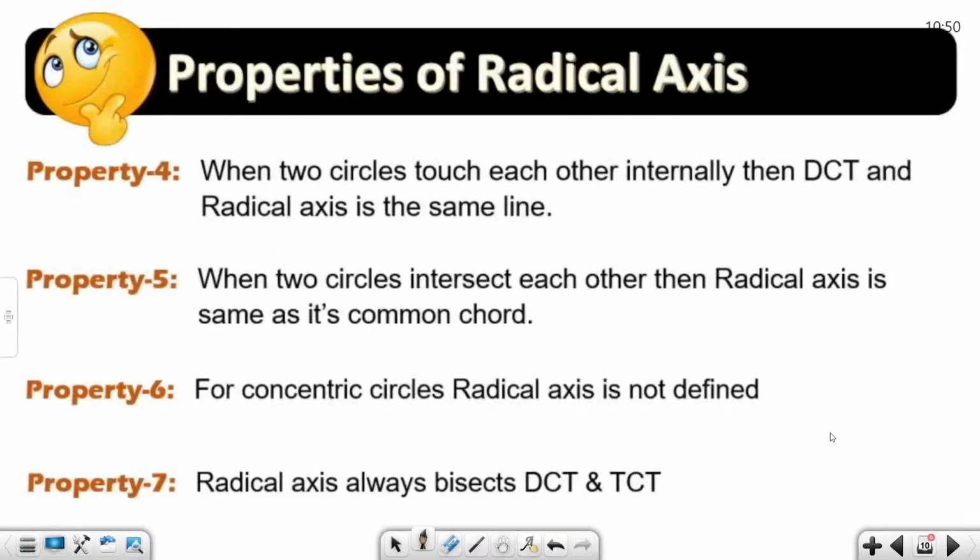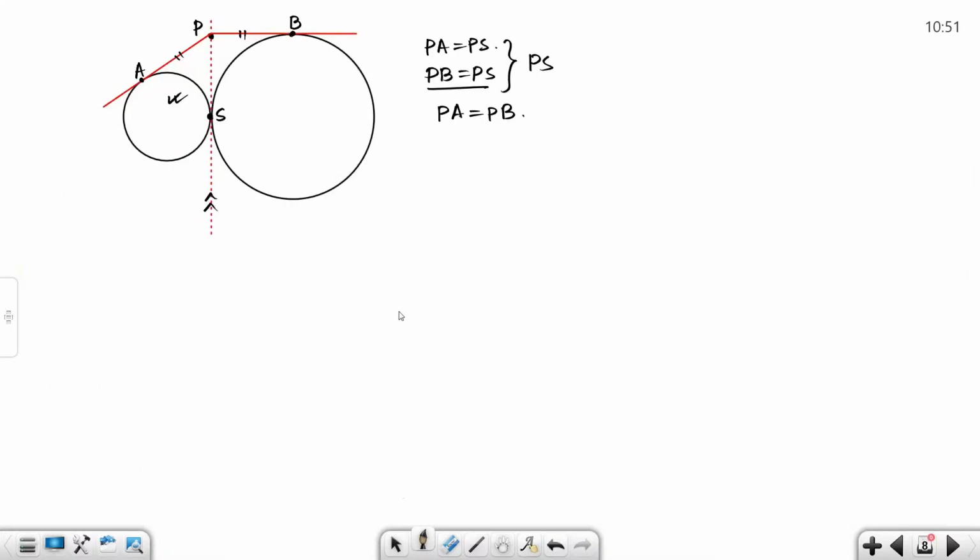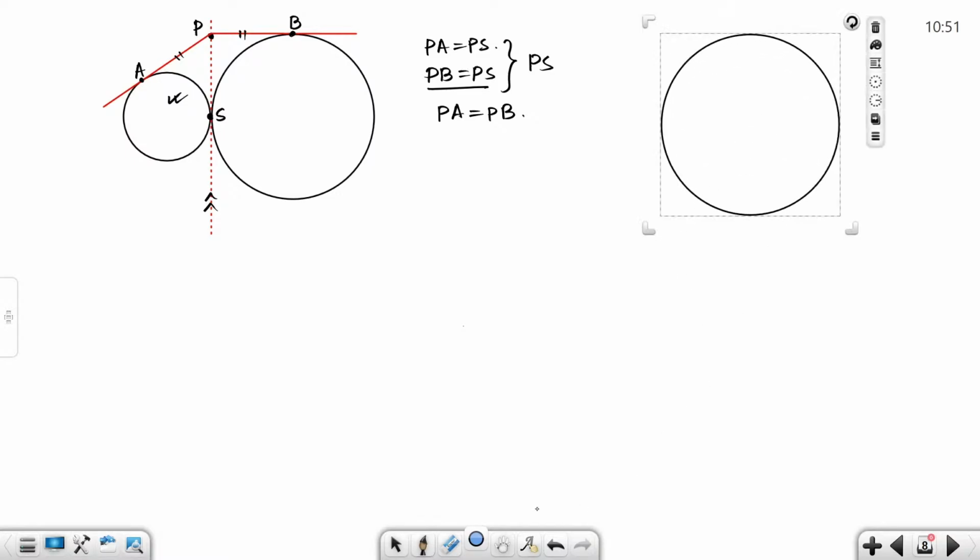The next property states that when two circles touch each other internally, their direct common tangent and the radical axis are again the same line. So what they're saying is that two circles touch each other internally. So let me draw the circles first. Let me say this is one circle and this is the other circle.